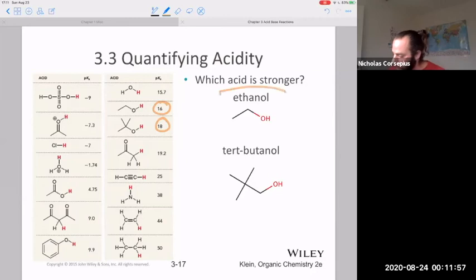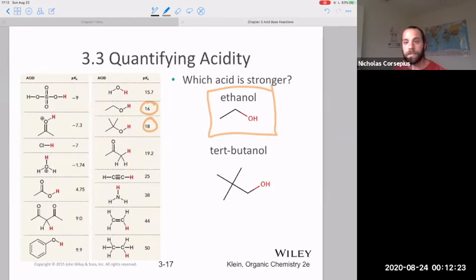So in this case, ethanol is the stronger acid. And notice that both of these are alcohols. We wouldn't necessarily think of them as acids, but again, we're talking about who's going to play the role in a chemical reaction here. And so indeed, we can use these pKa's to compare the acidity of different molecules, right? Which is their tendency to get rid of that proton or donate that proton.